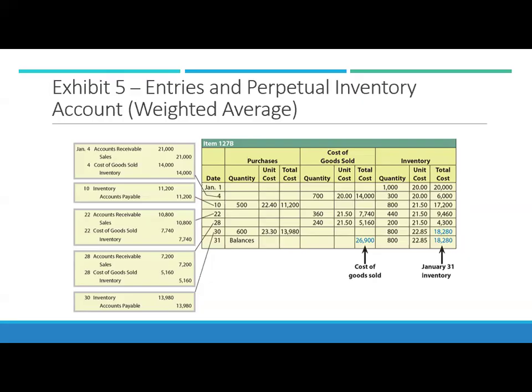And then our inventory balance is now 200 units at 21.50, and that's 4,300 of inventory there. Then when we purchase another 600 units, we start with 200 units at 21.50, which equals 4,300.